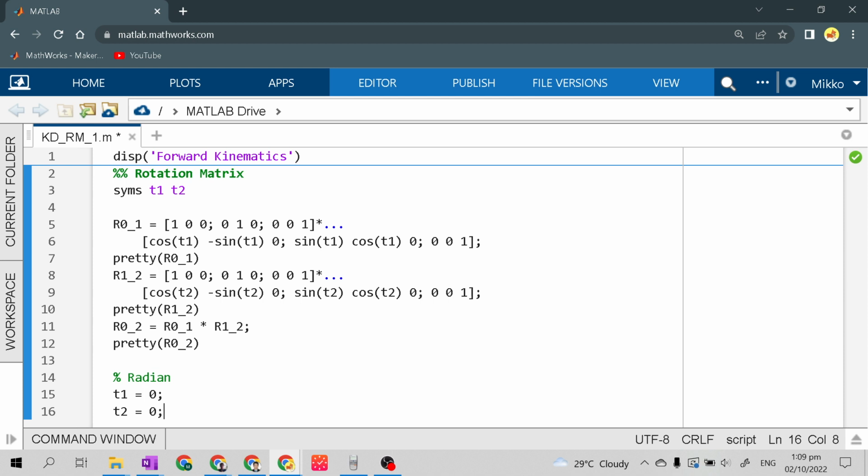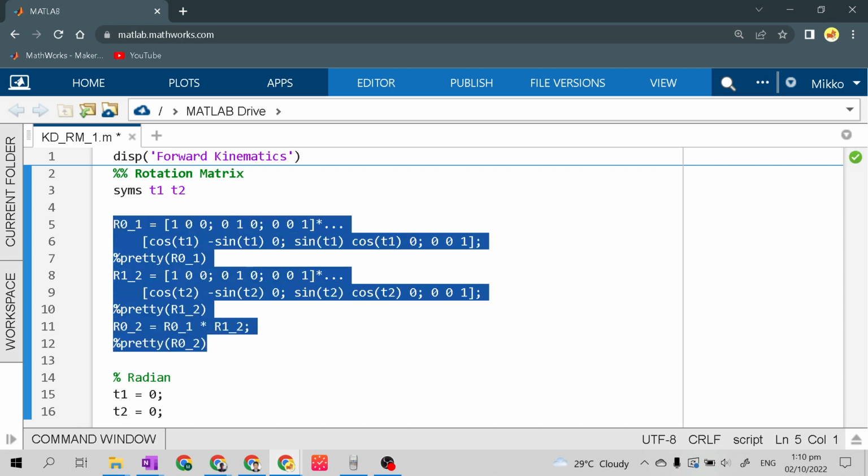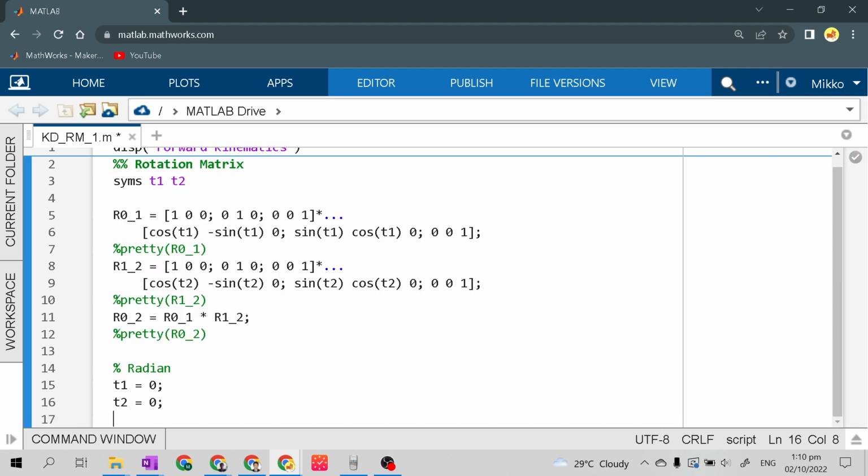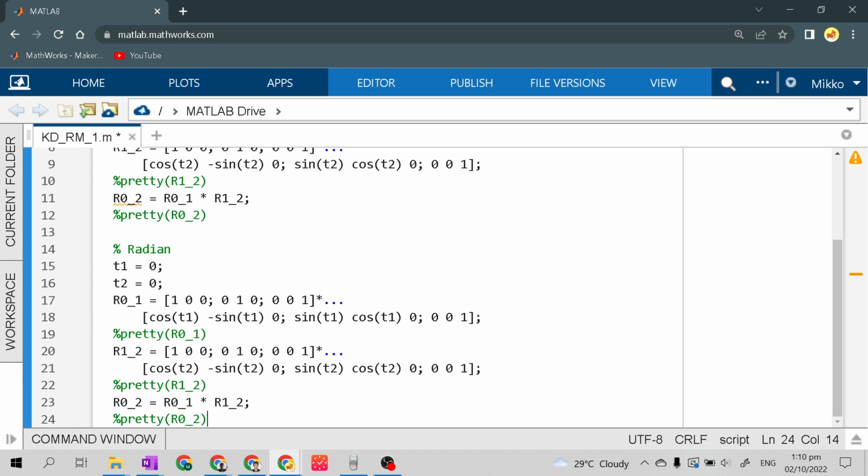Before we copy this, let's make pretty R01, pretty R12, and pretty R02 comments. Then let's copy from R01 up to pretty R02 and put it under the value of T2.